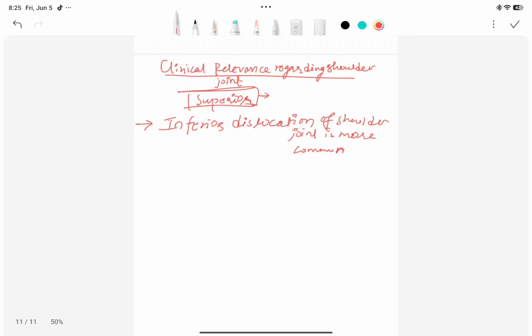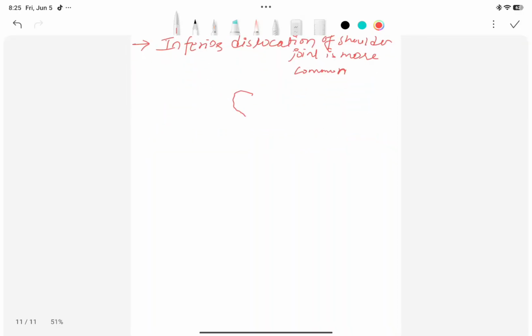This is the humerus. On the humerus, this is the surgical neck, this is the anatomical neck, and this is the morphological neck.